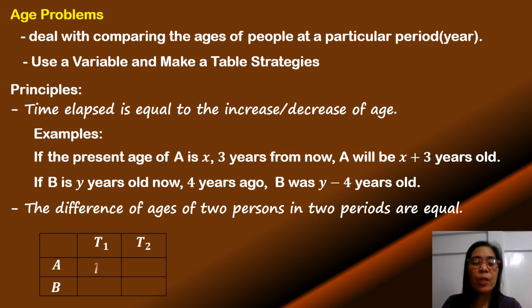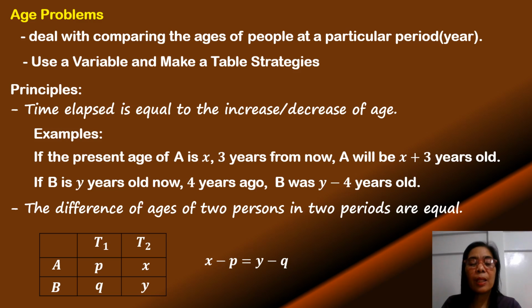If in the first period A was P years old and B was Q years old, and in the second period A is X years old and B is Y years old, so the difference of the age of A from the first period to the second period must be the same difference for the age of B from T sub 1 to T sub 2. And so we have X minus P is equal to Y minus Q.